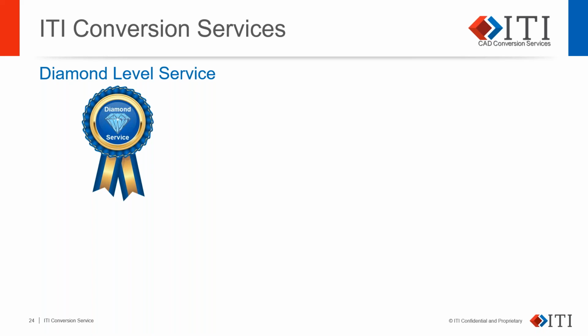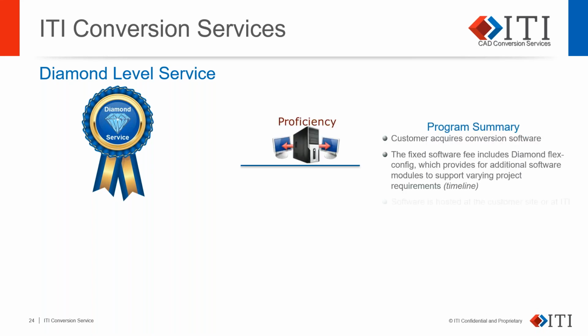We actually do have a relatively new service level, which we call diamond services, which is a bit different from the rest of them. This is typically useful for a customer that has a very large amount of data in a very short time frame. In this case, the customer will acquire the software from ITI and then engage ITI for services.